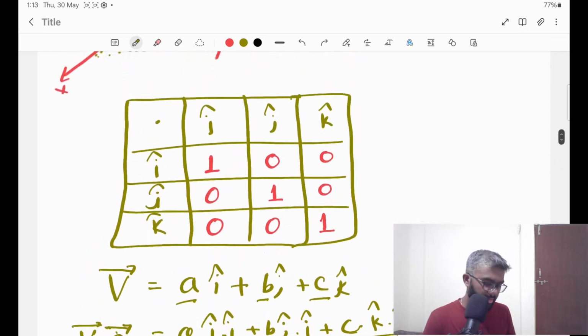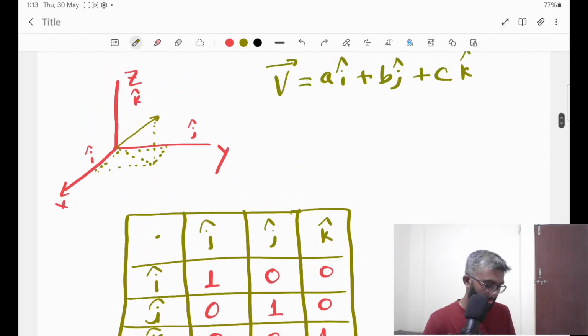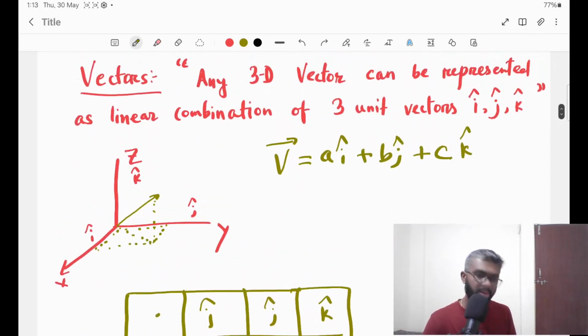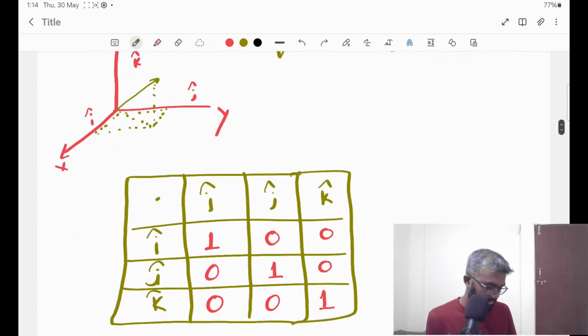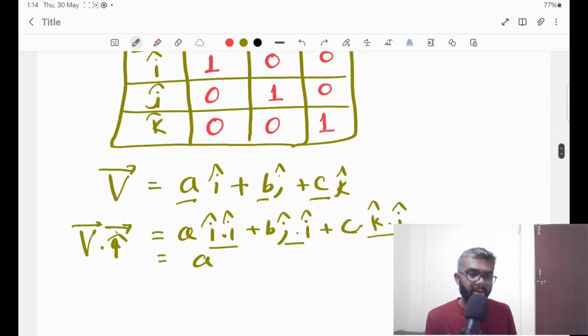So because all these unit vectors are orthogonal to each other, I can always find the coefficients. There is a very close relationship between the statement that any vector can be represented as a linear combination and the fact that these unit vectors are orthogonal, because this orthogonality allows me to find the coefficient of any component.